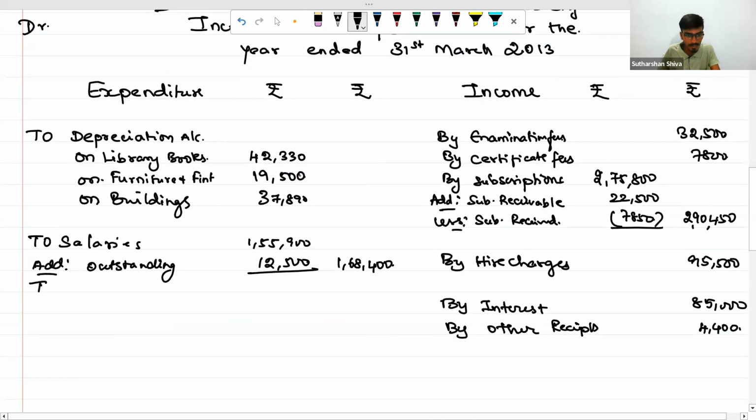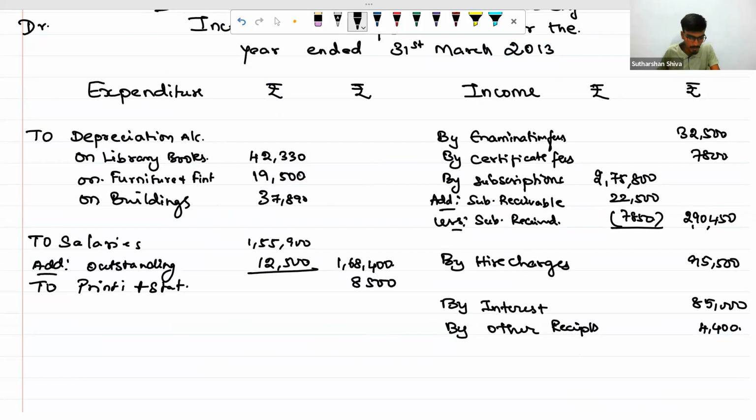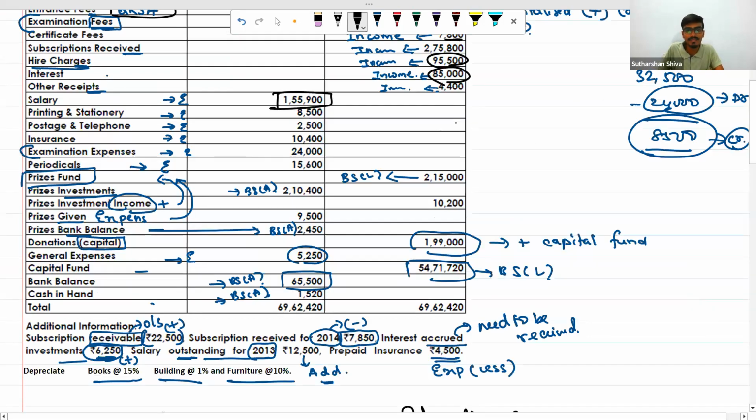Then after that, I am having printing and stationery 8,500, postage is 2,500. I'm just simply doing the posting, nothing more than that. So to printing and stationery 8,500. Hiring charges is something which is directly given on the income side, that is on the credit side.